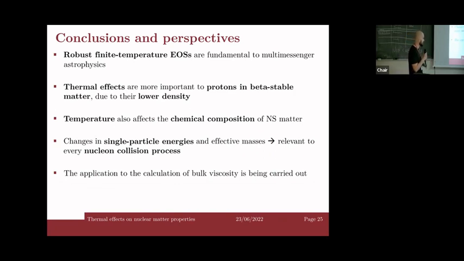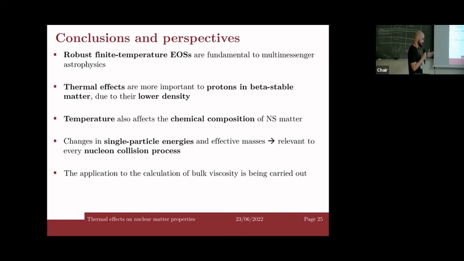And also temperature affects the chemical composition of neutron star matter. So again, when we go from T equals 0 to T equal 10, 30, 50 MeV, the chemical composition of beta stable matter changes.